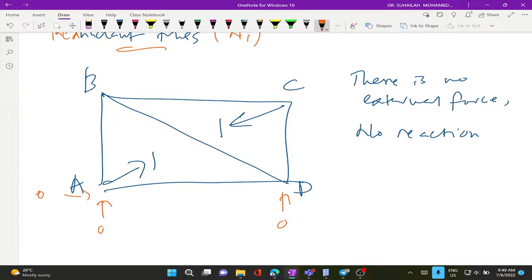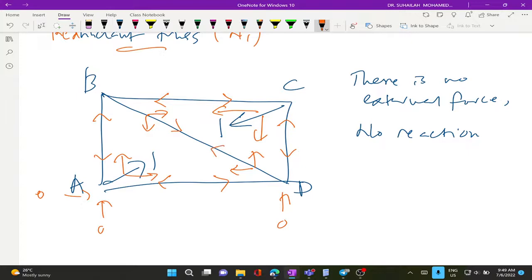So we have to resolve and then balance. One to the right, one to the left. One down, one up. One to the left, one to the right. One up, one down.